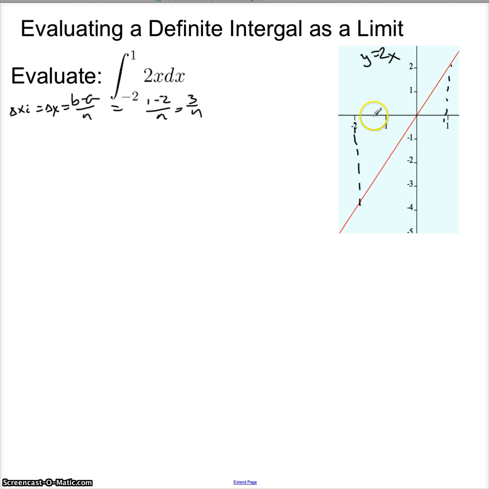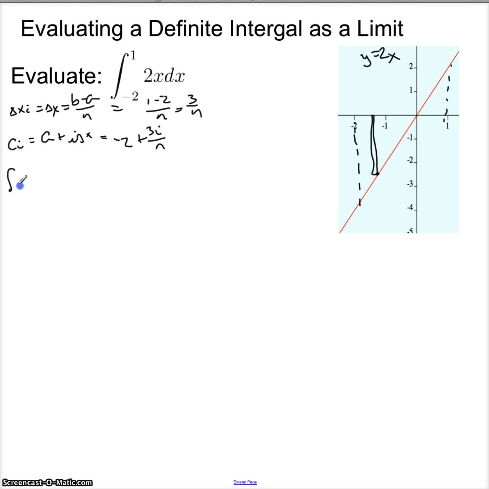Now, if we define our c_i as a right endpoint for each subinterval, then c_i is going to be a plus i delta x, which is -2 plus 3i over n. Then I'm just plugging things in here now.